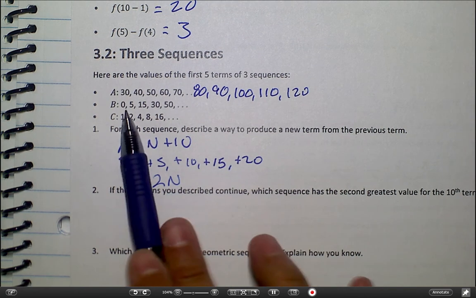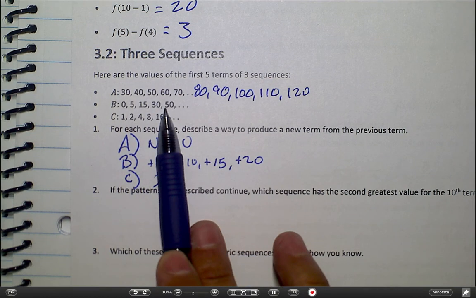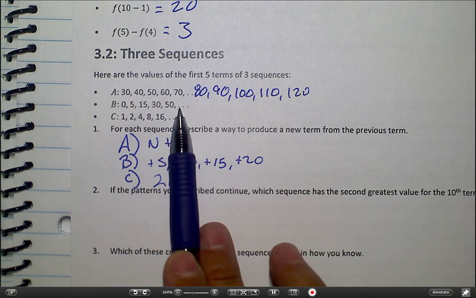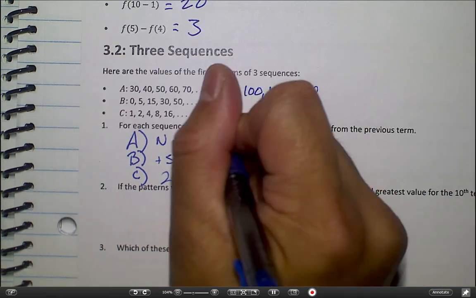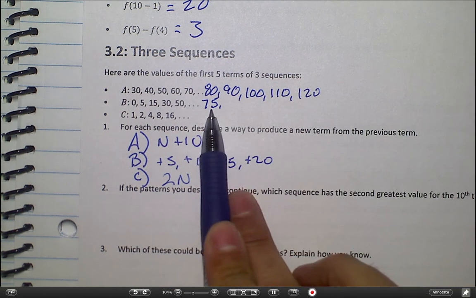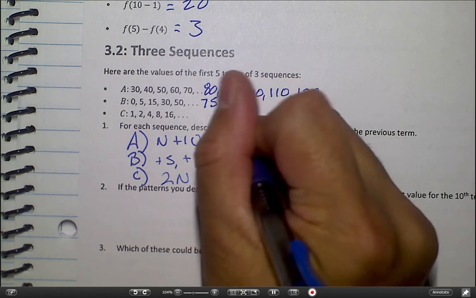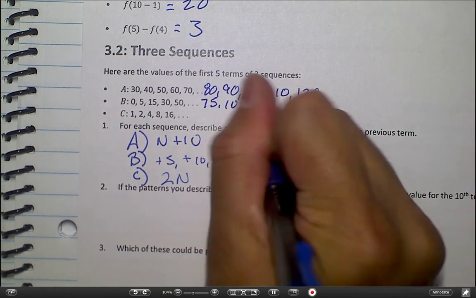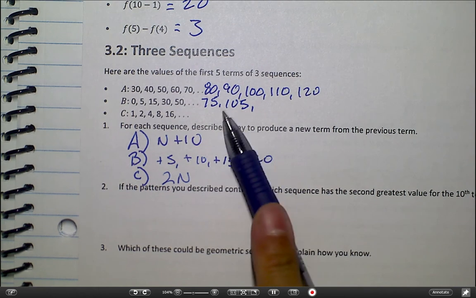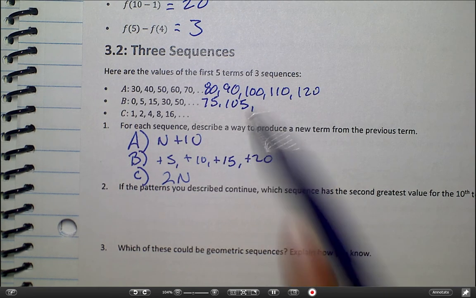All right, so let's continue this one right here. It's going to be 50 plus what? 25, very good. So that gives me 75. Now it's 75 plus 30, which gives me 105. You guys are on top of things. Good job. Now I'm going to add how much? 35.